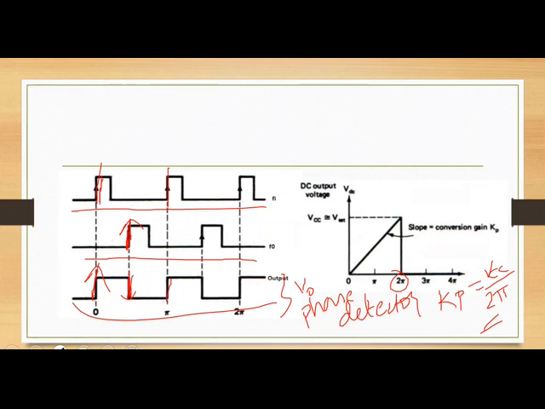So as a result, the DC output voltage is linear up to 360 degree compared to 180 degree in the case of XOR detector. Therefore, as compared to your XOR phase detector, the edge triggered phase detector has better capture, tracking and locking characteristics.